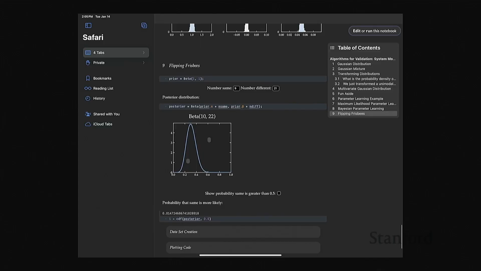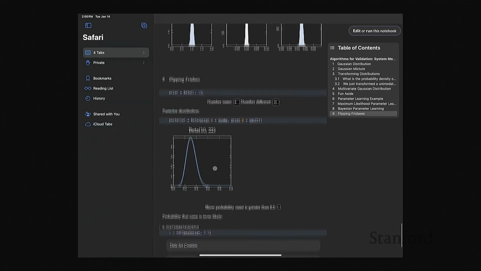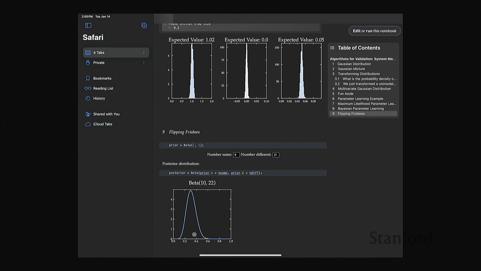So we've now ended up with this distribution over the probability that they come up same. It looks like we feel it's around 0.3 that they're the same, but we have some bound. So my hypothesis of same being more likely, there's still some chance there.